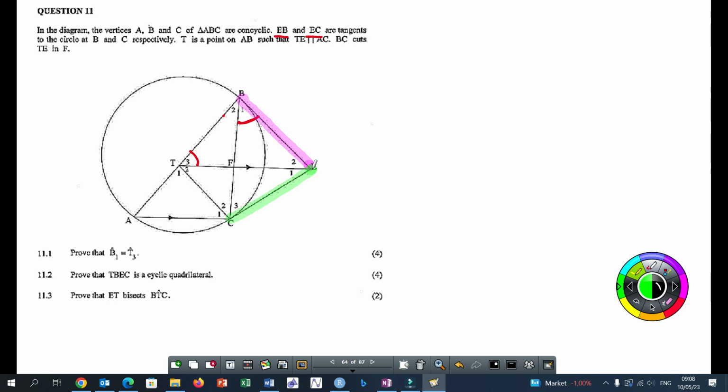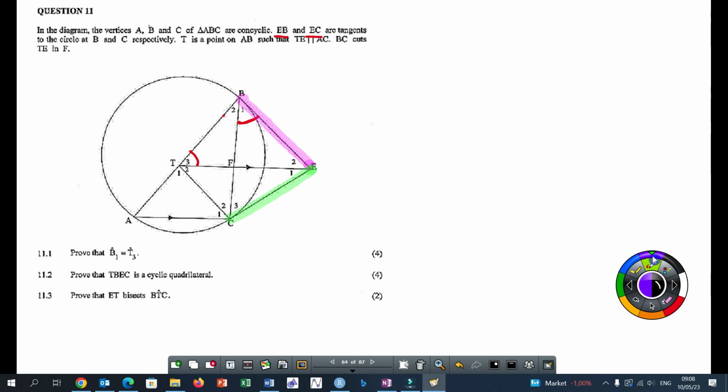And we are also going to use the tan-chord theorem as well. Right? We may also need to use theorem 7, tan perpendicular to radius, because, okay, no, sorry, there's no center, so T is not a center, so it's only theorem 8 and 9 that we have to use. Tans from a common point and the tan-chord theorem.